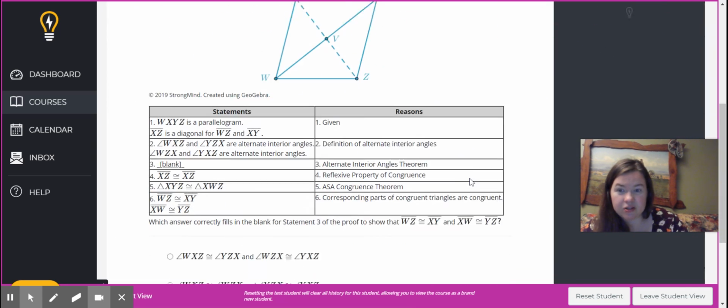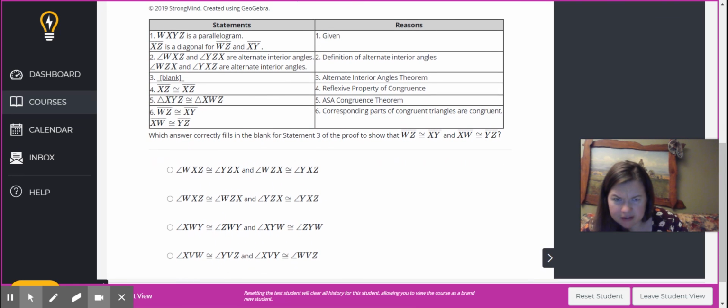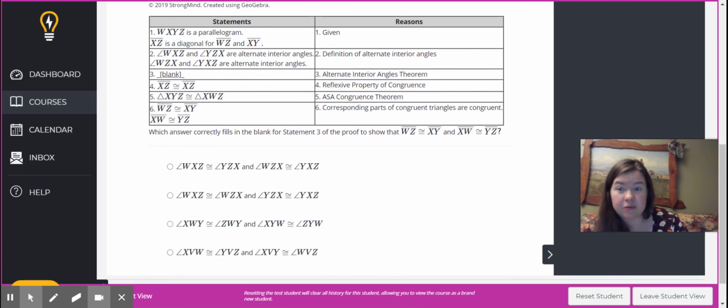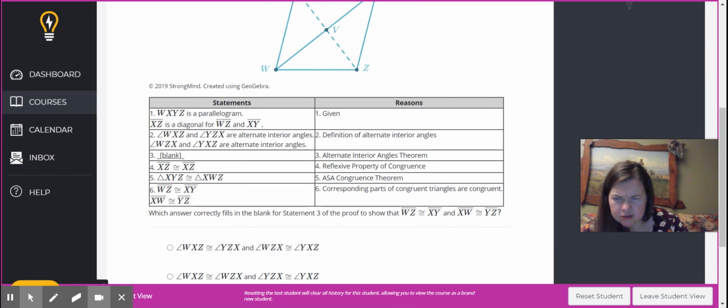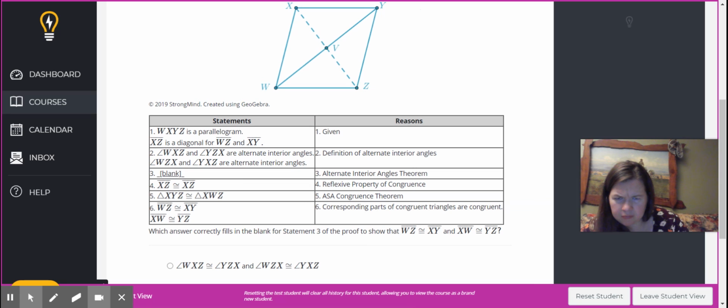All right, next question is this one. So it's not a however many step thing. It's just saying some mistake was made. So which answer correctly fills the blank for statement 3? So something about alternate interior angles. So let's just look and see. They said that those are alternate interior angles by definition.